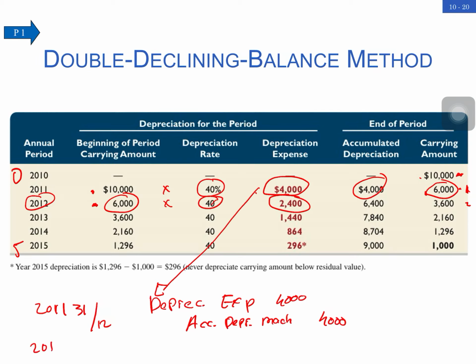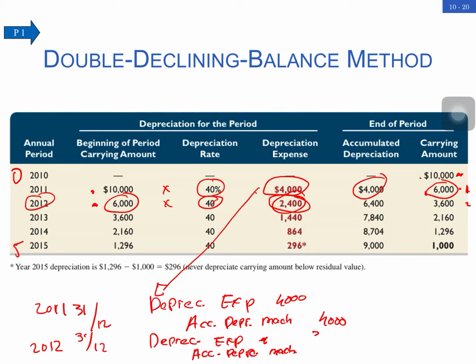But at the end of 2012, you will record depreciation expense and then accumulated depreciation machinery for how much?